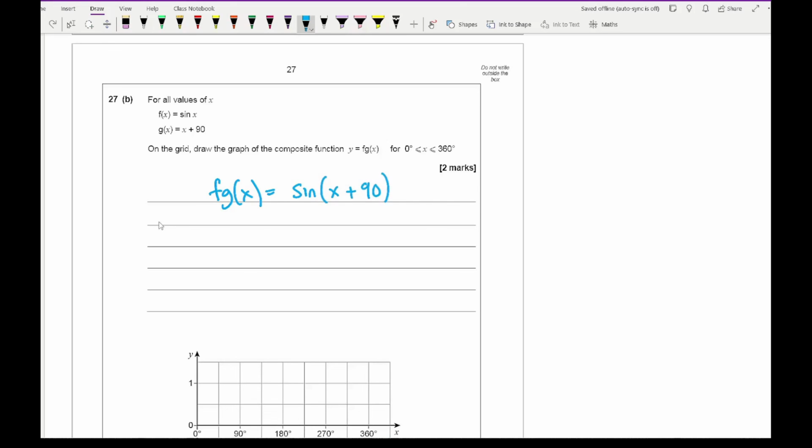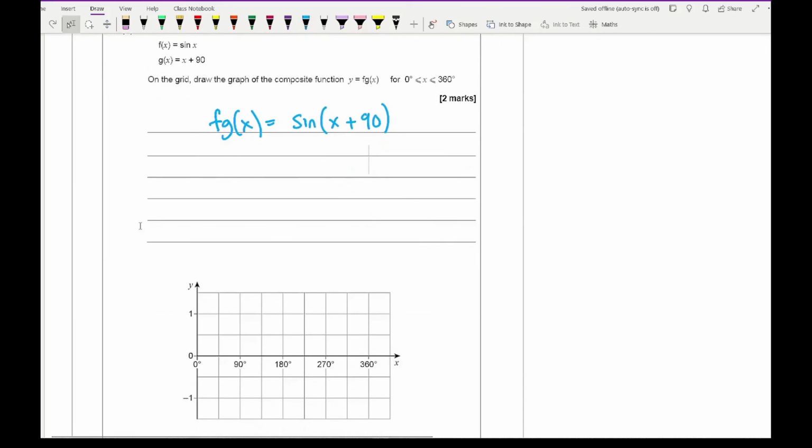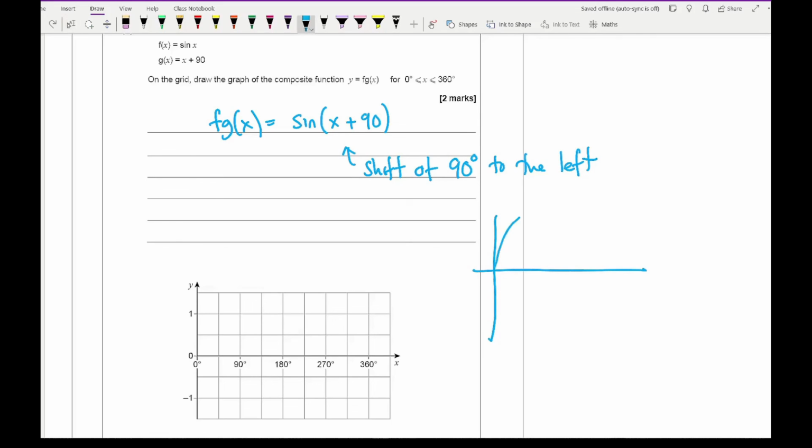So from this, what we then want to plot is this. Now this is basically a shift of 90 degrees to the left. So if I plot sine x, and the graph of sine x looks like this, what I want to do is shift this graph 90 degrees that way.